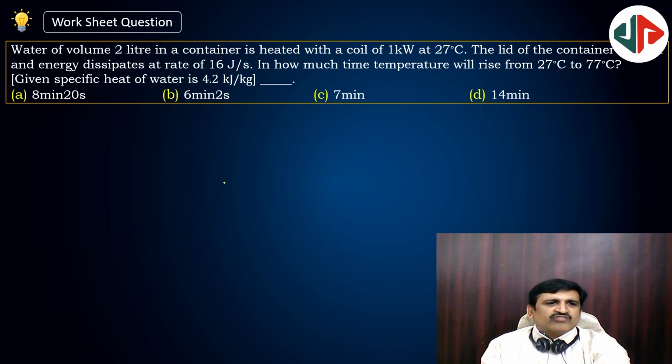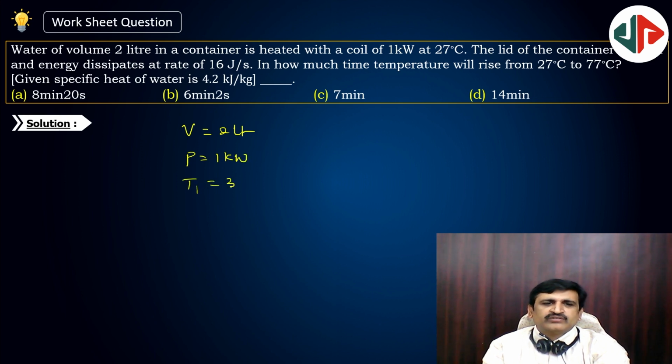Next. Water of volume V = 2 liters in a container is heated with a coil of power 1 kilowatt, at temperature T1 = 300 Kelvin, and the lid of the container is open, that means pressure is the same. Energy is dissipated at a rate of dQ by dt equal to 160 joule per second.